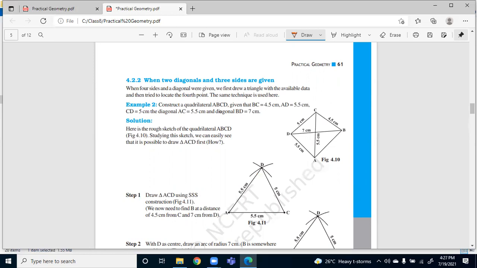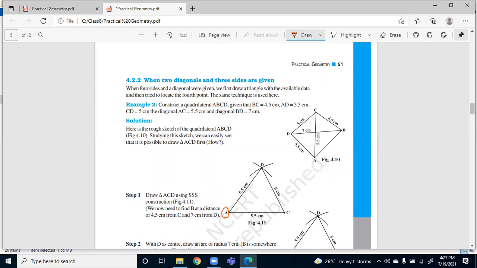Let's say I'm starting with AC. Why am I starting with AC? It's my choice. So I'm starting with the diagonal AC, and I have to make it with whatever length is given. I have made the length of AC as 5.5 centimeters. I can make it with the help of a compass.